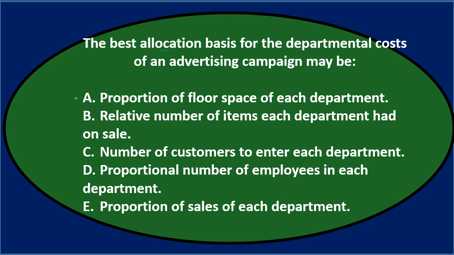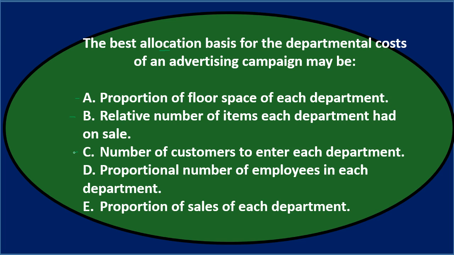B says the relative number of items each department had on sale. And again, maybe if we're trying to allocate advertising, it would be applicable to allocate it based on the number of things that we're selling in each department. C says number of customers to enter each department. And again, that sounds kind of reasonable.